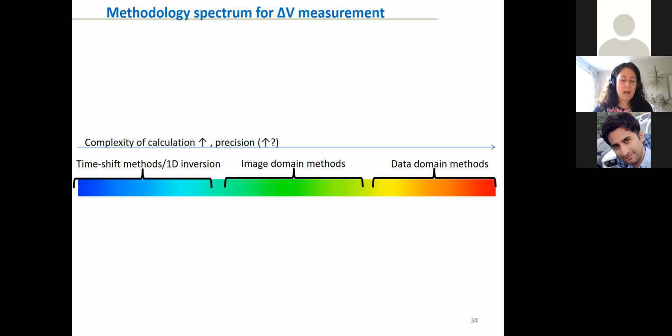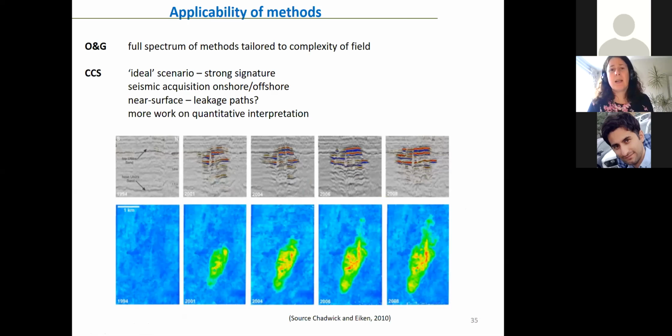Now, in terms of the applicability of these methods to different applications, obviously, these methods were developed for oil and gas applications. But if we were to look at CCS scenarios, I think it's safe to say that most of these methods will work great, because in many ways, CCS is ideal for this scenario, because typically you have a very strong signature from your injection.